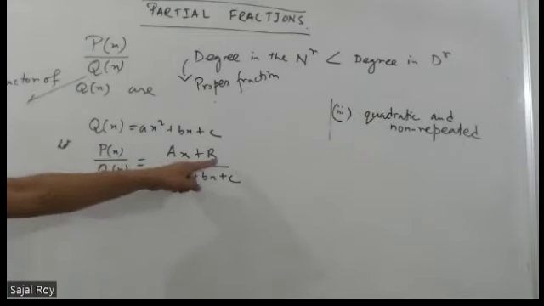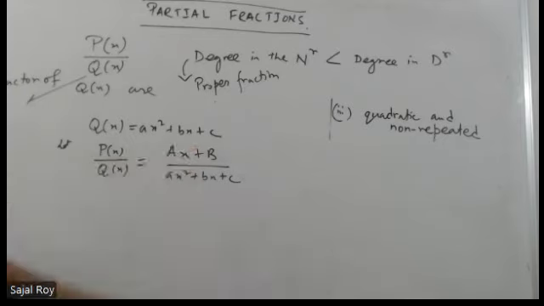These A and B are constants, again to be determined by cross multiplication, by equating the like powers of x from both sides, or by substitution. I'll show you some examples on that.